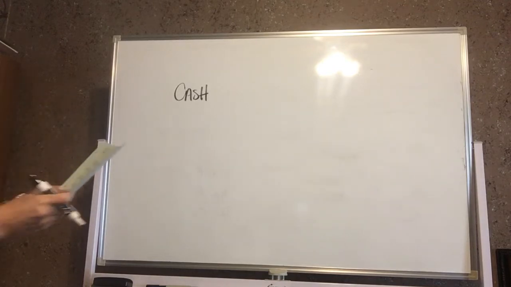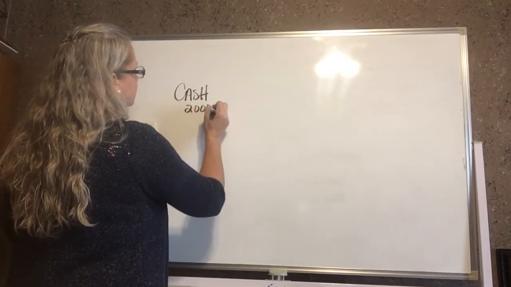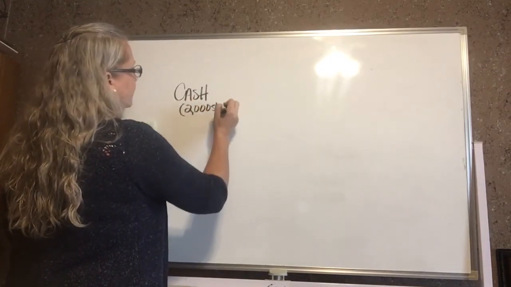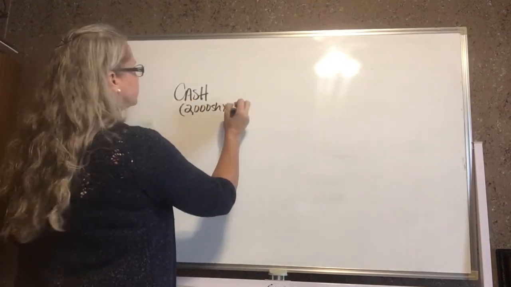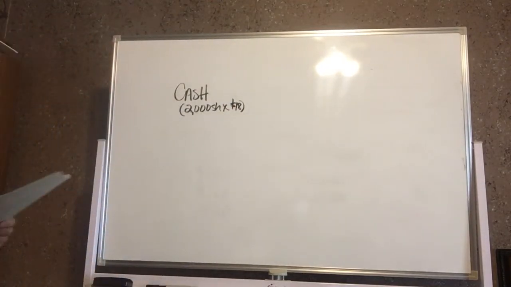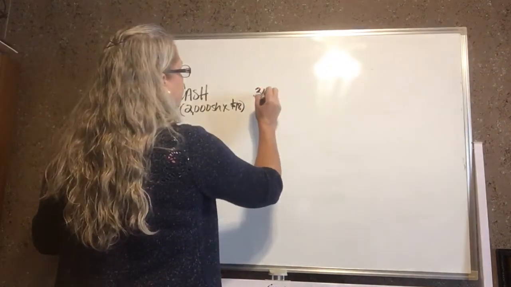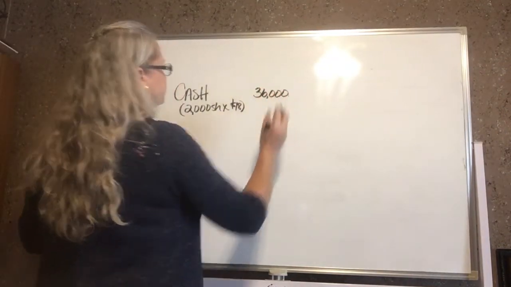How much cash? Well, let's figure out the math. How many shares am I giving up? 2,000 shares at $18 a share. So 2 times 18 is 36. So $36,000 in cash is what I'm getting in.